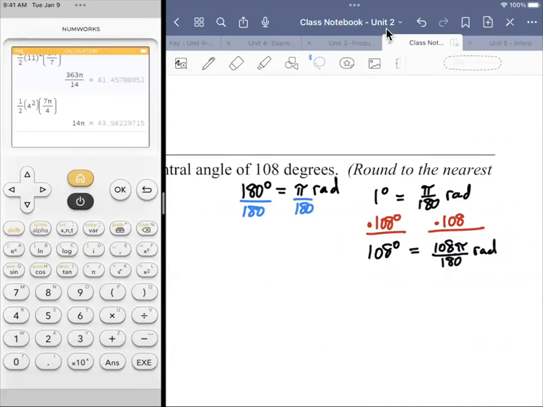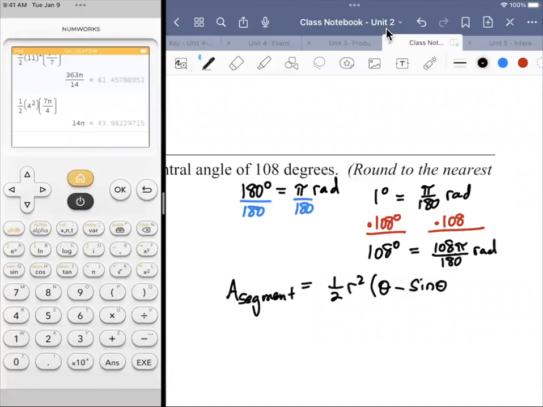The area of a segment, again, is 1/2 r squared times theta minus the sine of theta. Very important, your calculator needs to be in radian mode.